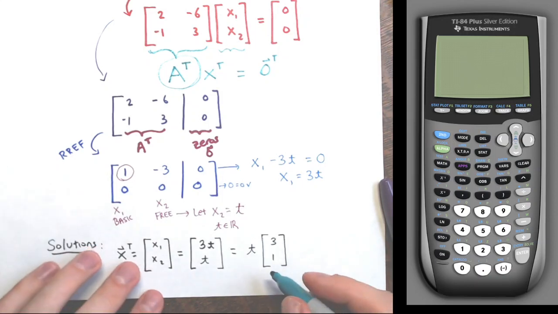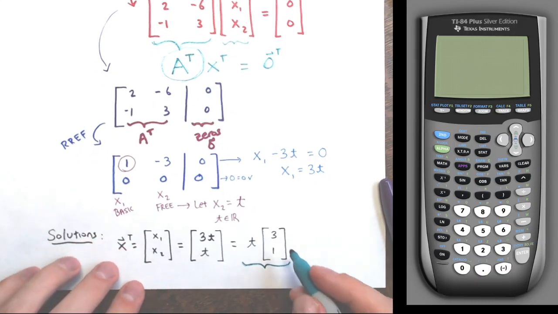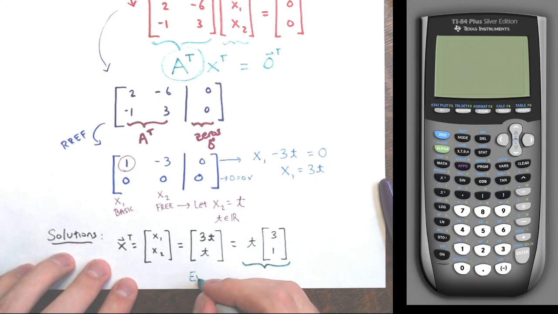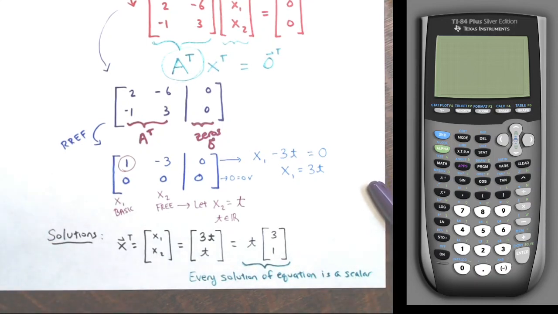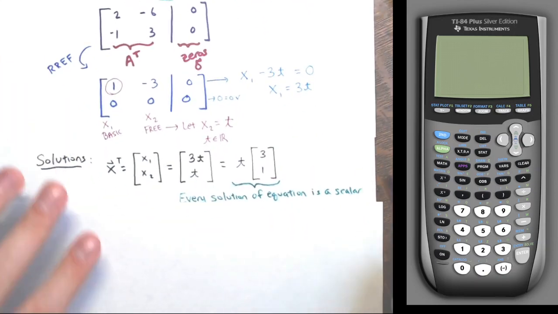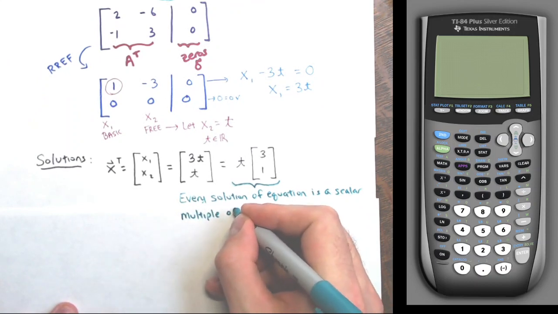This is telling me every solution of the equation is a scalar multiple of the vector 3, 1.